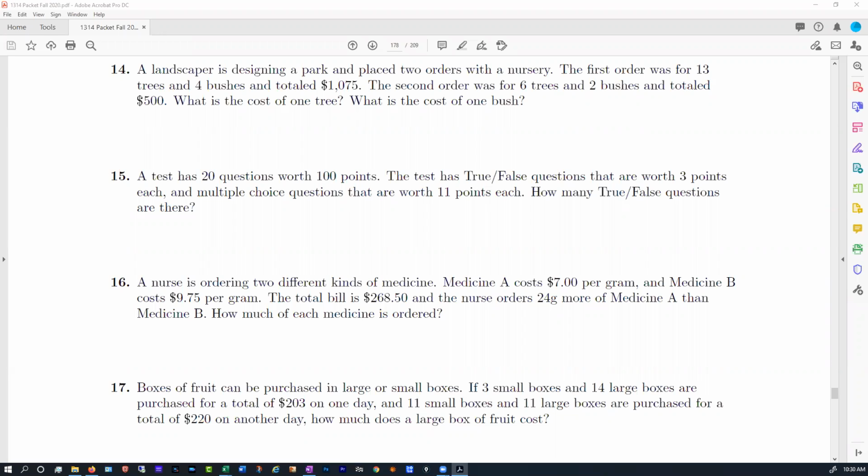I'll just do a quick poll here. Number 14 would be A, 15 would be B, 16 is C, and 17 is D. So let's just see what y'all want to see.